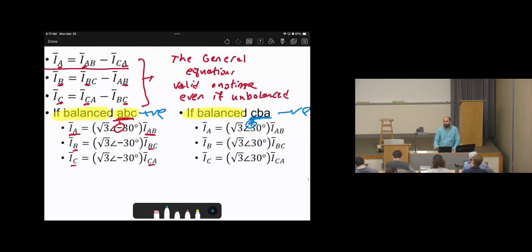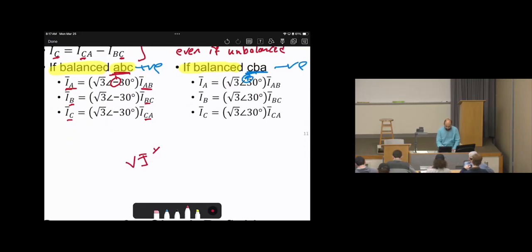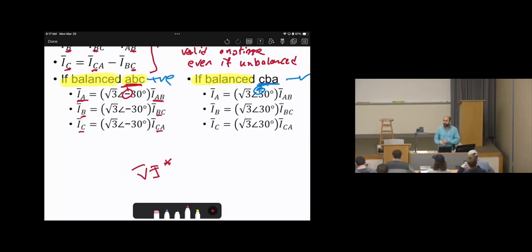Okay, how can you make sure that we are doing this in the right way? Recall V times I conjugate, right? We know the power is V times I conjugate. So you can do the conjugate for the currents. If it is positive sequence, you will say positive 30 for the voltage.